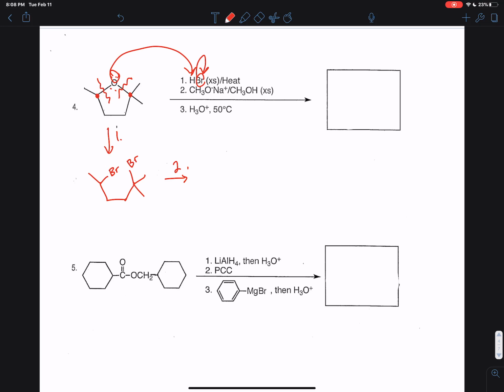We have a primary, a secondary, and also a tertiary. Then we look at our reagents, and we see that we have a methoxide, right? Is that going to act as a strong base or a strong nucleophile? What type of reaction do you think is going to happen here?